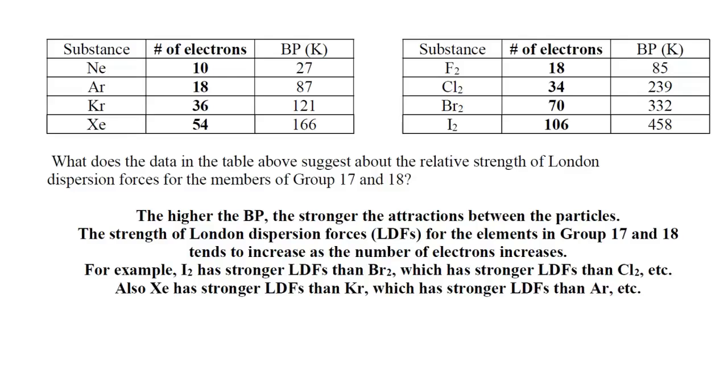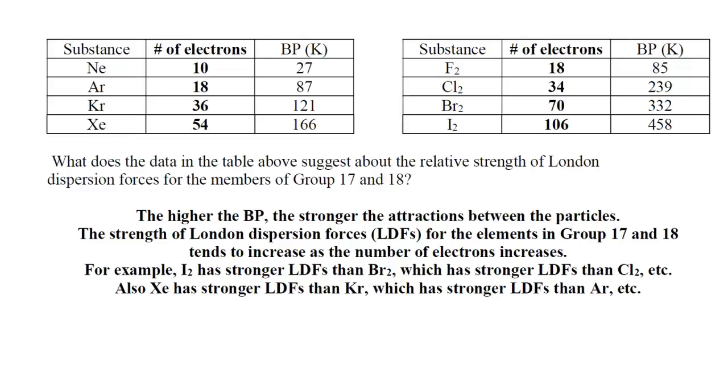So the question I had asked that was related to London dispersion forces is the following. What does the data in the table above suggest about the relative strength of London dispersion forces for the members of group 17, such as the fluorine, chlorine, bromine, iodine family, halogens, or group 18, the noble gases, including neon, argon, krypton, and xenon? And so here is the answer to that question. The higher the boiling point, the stronger the attractive forces between the particles.